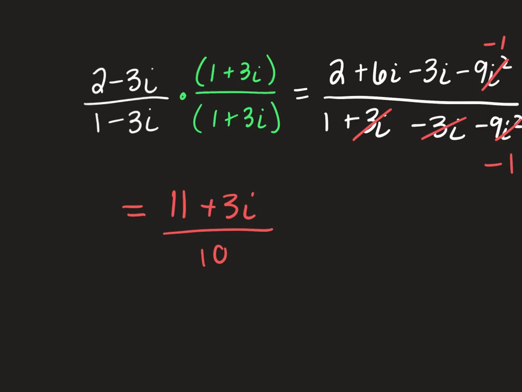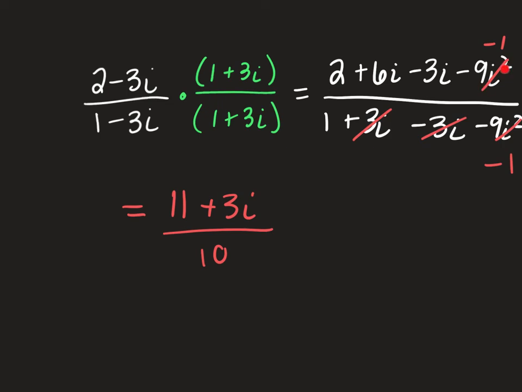Could you walk through that again? Yes. Whatever's in the denominator, you change the sign in the middle and multiply by that on both the top and the bottom. Then you FOIL. So you would have 2 times 1 is 2, 2 times 3 is 6i, negative 3 times 1, negative 3i, negative 3i times positive 3i is negative 9i squared.